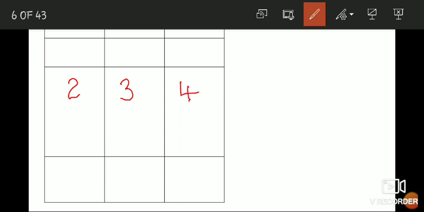234. Now this is the total number of books. So we will write here number of books, and 125.